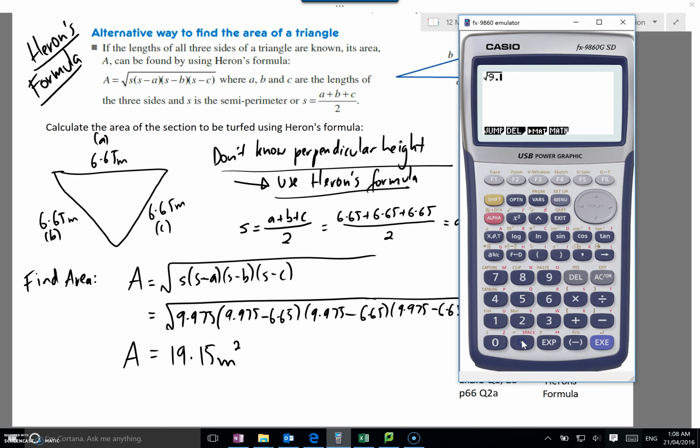Okay, it'll be 9.975. These are all multiplied, so you can either put the multiply sign in. I think it'll even work without it. It all needs to go under the square root sign.